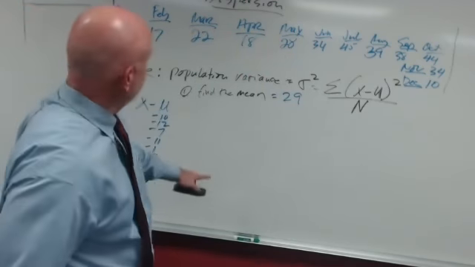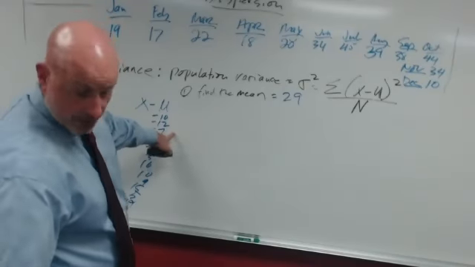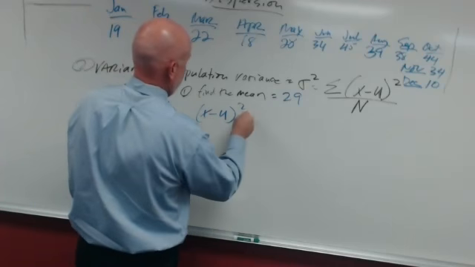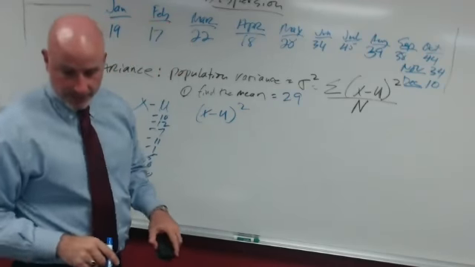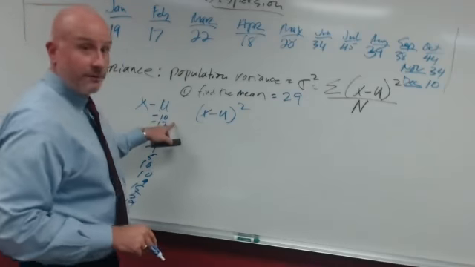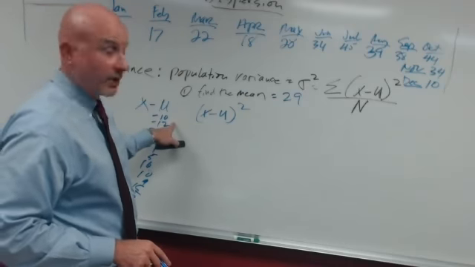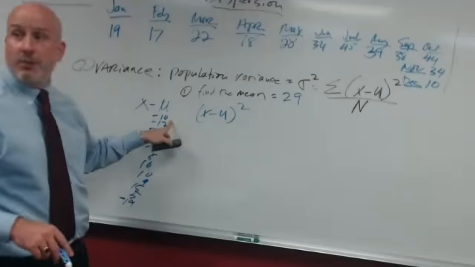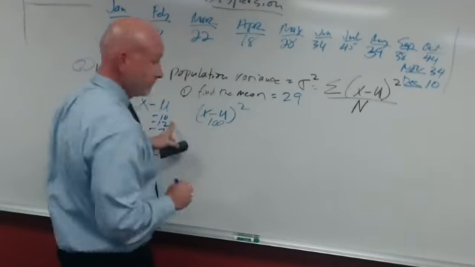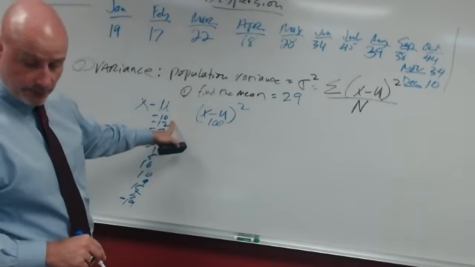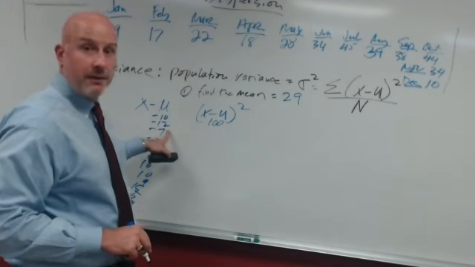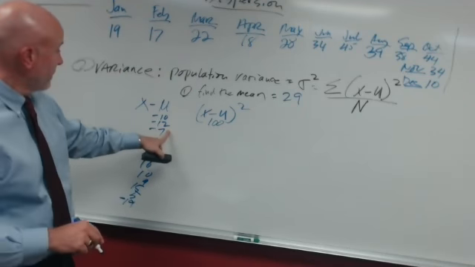Now step 2 is we want to square each of these values. It's the fourth column on that chart.